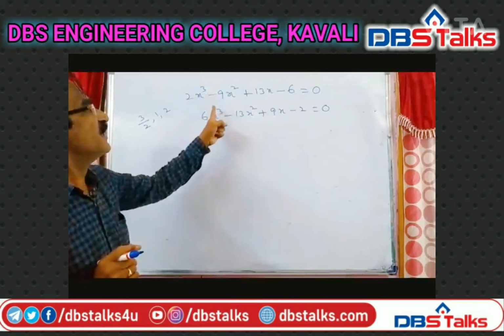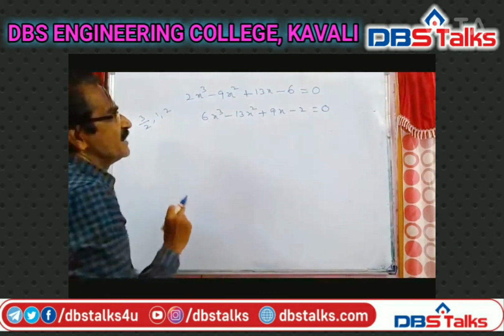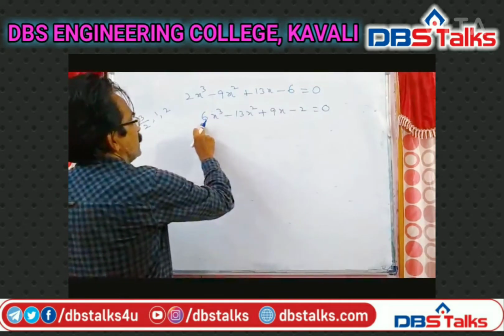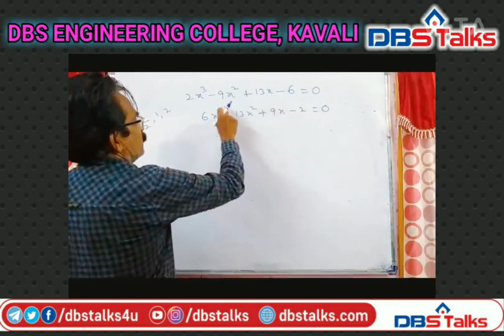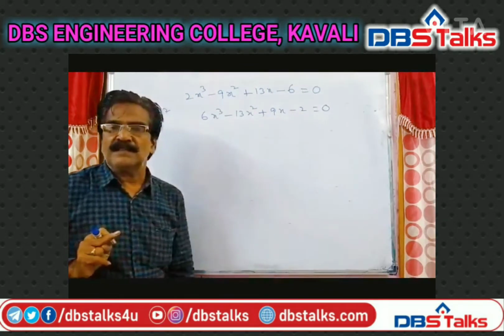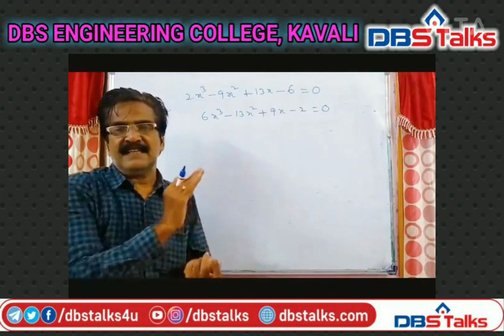See friends, you can clearly observe the coefficients are just reversed. 6 came to this place, 13 came to this place, 9 came to this place, 2 came to this place. So here the coefficients are reversed.